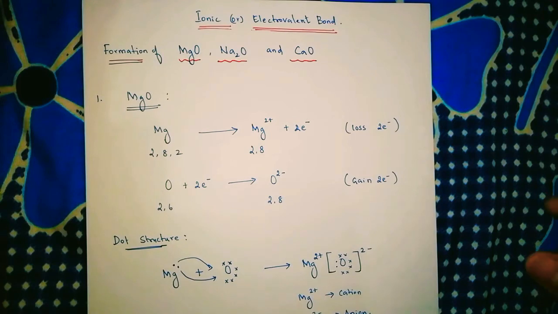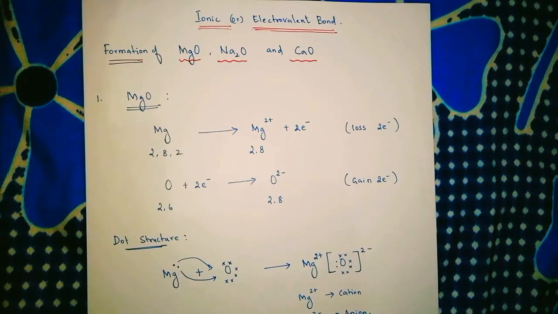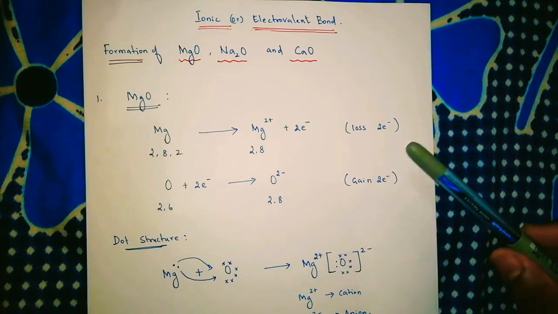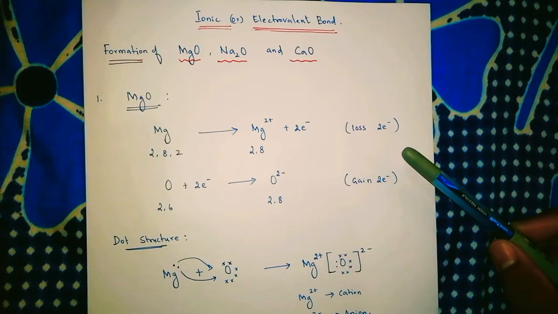Okay, I want to give a recap of what we learned in the last class. We learned how metals and non-metals react with each other. All metals and non-metals have only one goal: to attain the noble gas configuration, that is, an octet configuration.